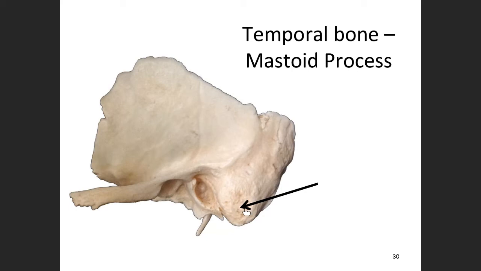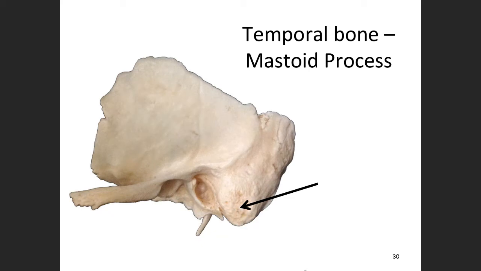It's not uncommon for those air cells to get an infection called mastoiditis. So if you get significant pain, but it's not in your ear, it's behind your ear, there is a possibility that you could have mastoiditis.